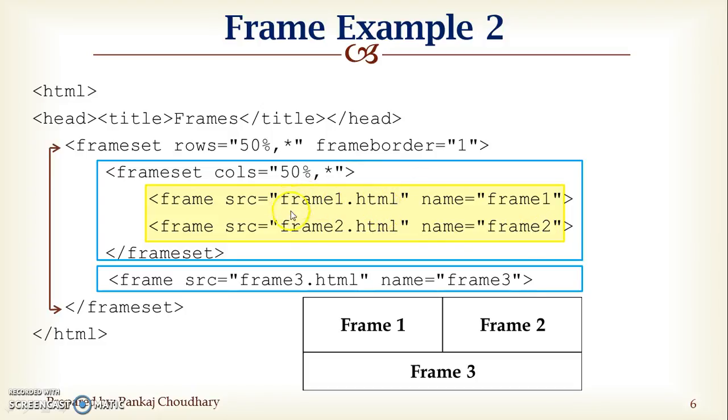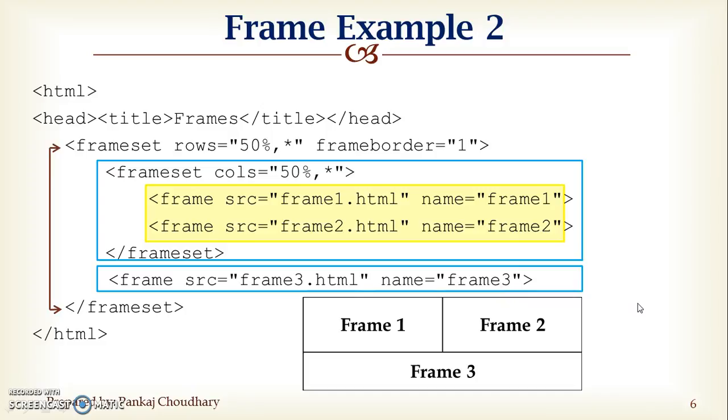Frame 2 will open the frame2.html file. Here we have mentioned the names of these frames: frame 1, frame 2. The second row is a frame. It displays frame3.html, and the name of this frame is frame 3.